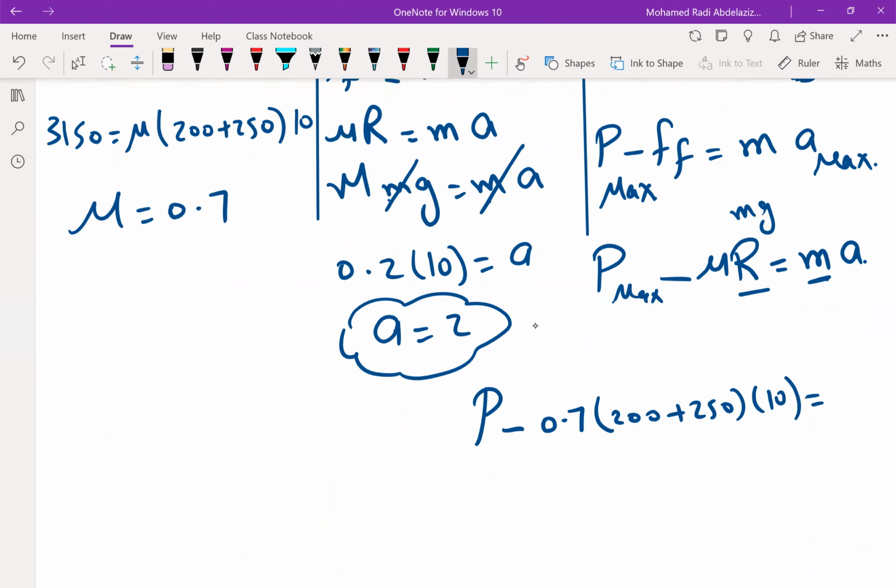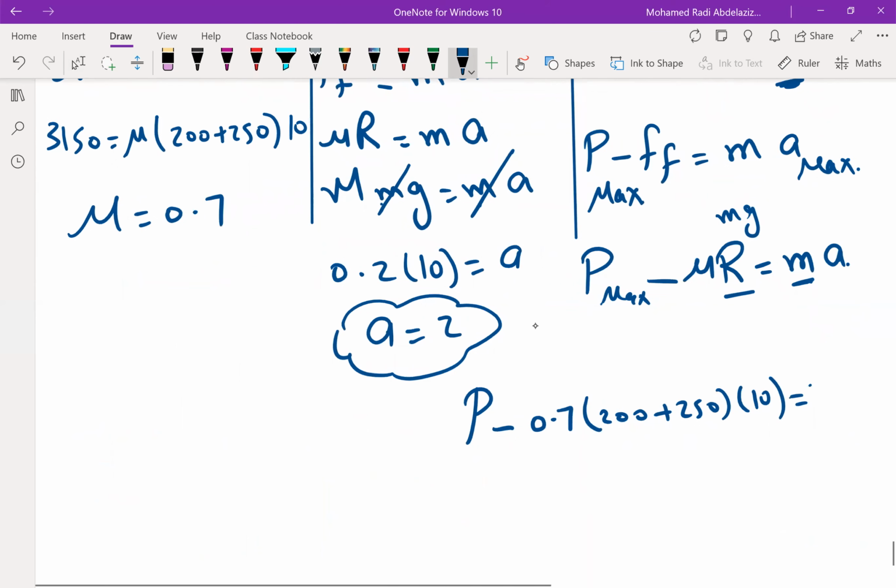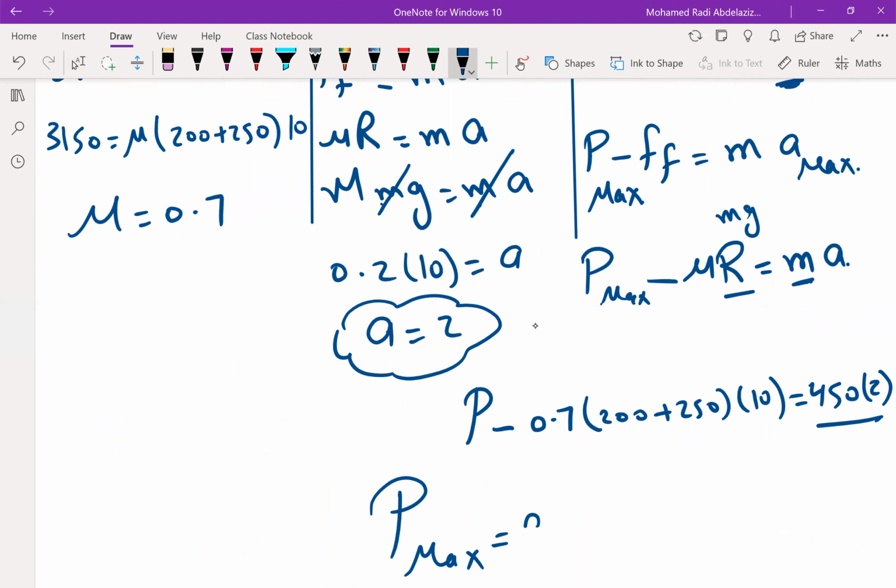Calculating this value, you get the maximum value of P to move without sliding of particle A. So 2 times 450 is 900, plus, when you move to the other side, 0.7 times 10 times 450, which is the same as I told you, 3150.